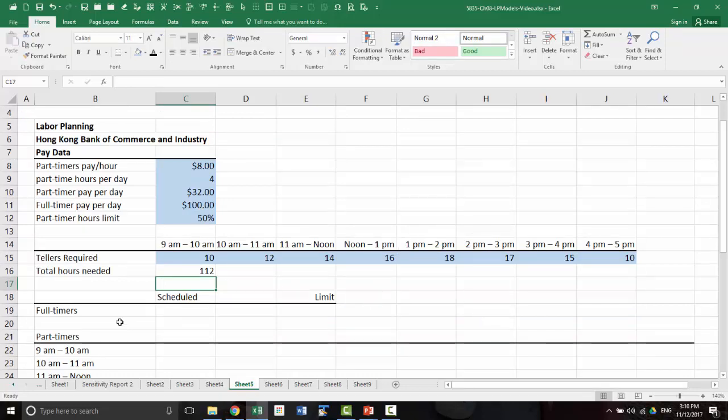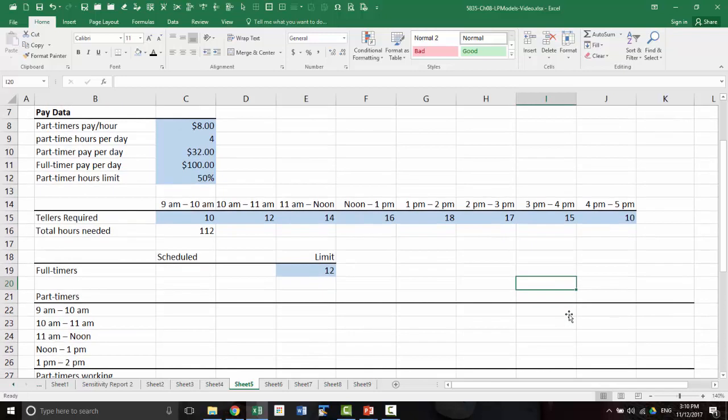And we also have a full-timer limit. We have 12 full-timers, but we need to make sure that we don't schedule more than 12 full-timers. That's an input value as well. So now we have all the inputs set up. Next we will do the modeling.